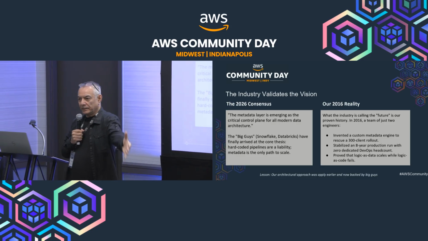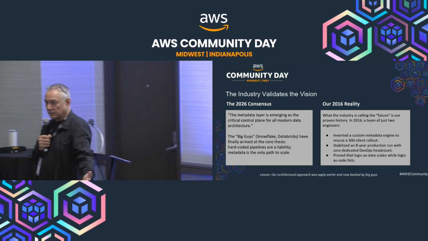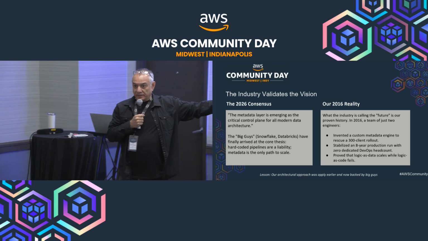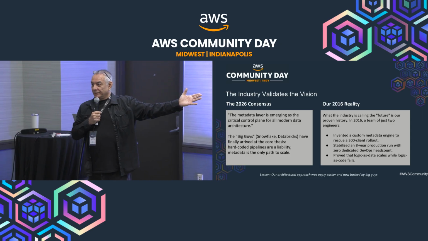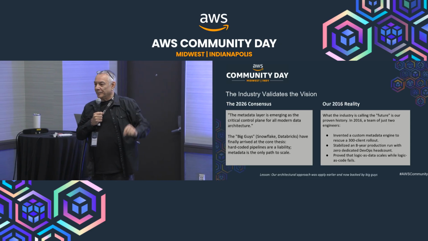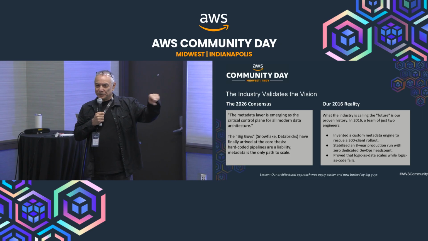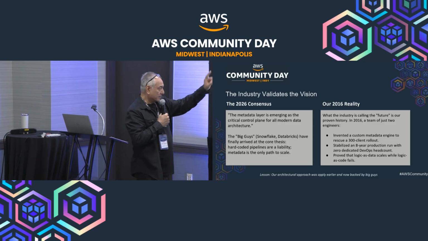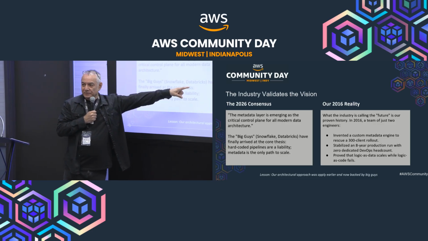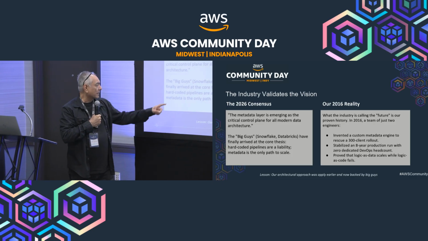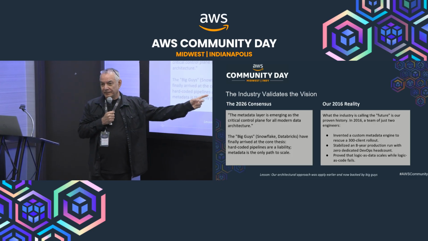If you want to scale, you have to go to metadata. Databricks says, oh, I'm building a metadata layer, but on top of my Databricks. You cannot use the metadata layer without Databricks. Why? And now you know.